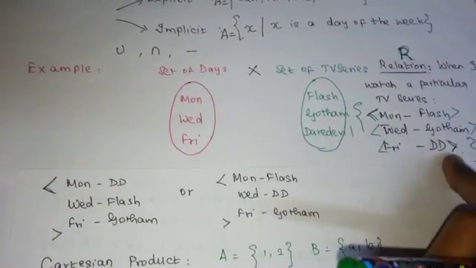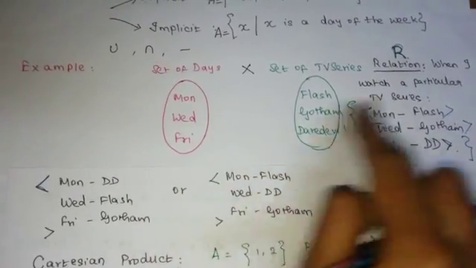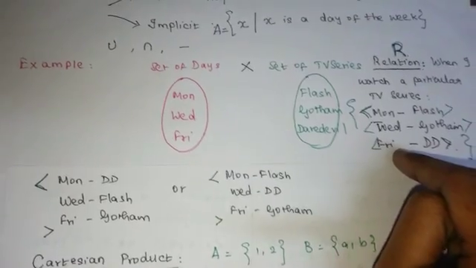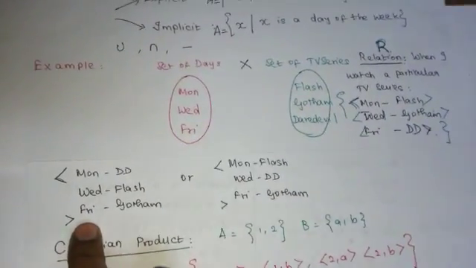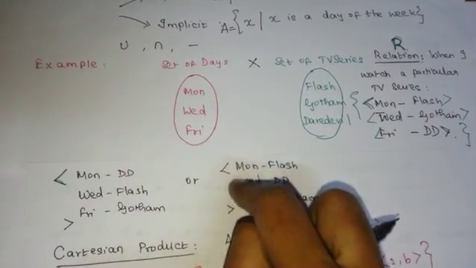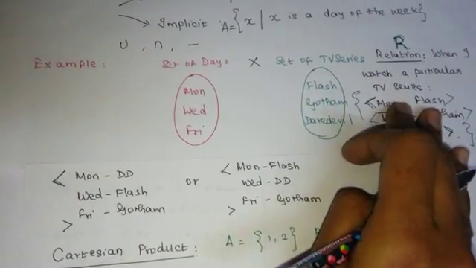This is an answer to this relation. When you define a relation between these 2 sets, this is one of the possible answers, and this is a collection of 2 tuples. This is also a collection of 2 tuples, and so is this. You can possibly define more answers to this particular relation.